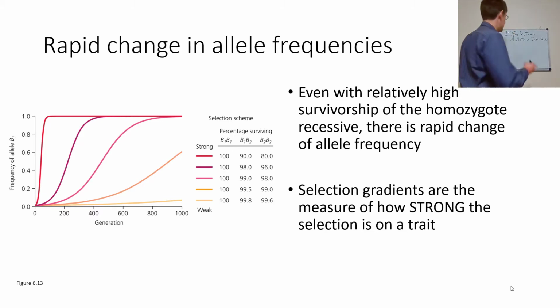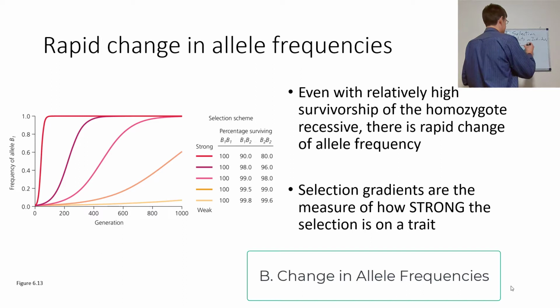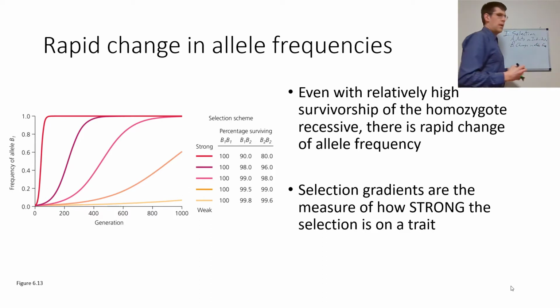So let's look at that change in allele frequency more specifically. What we have here is relatively high survivorship of the homozygous recessive. There's still rapid change in allele frequency. I want you to look at these numbers where you have the B1, those homozygous dominant. They always have 100%.